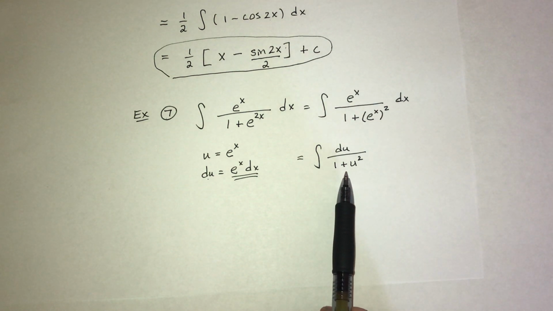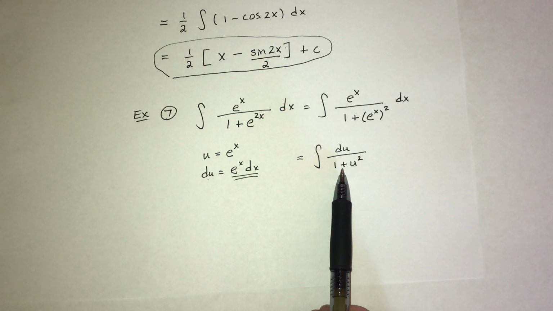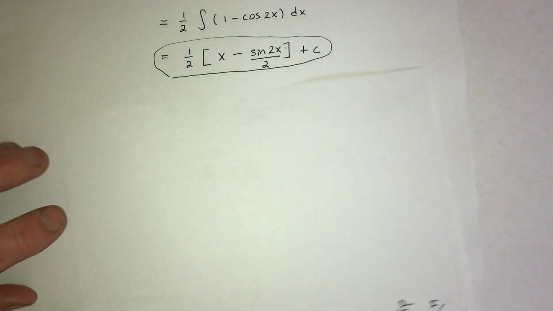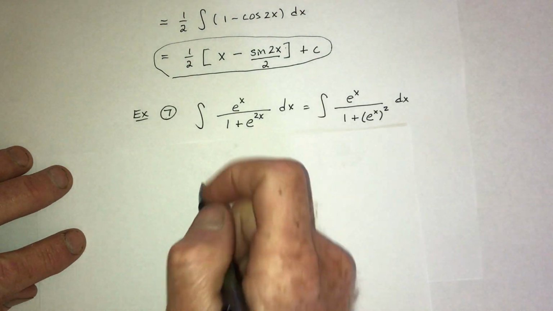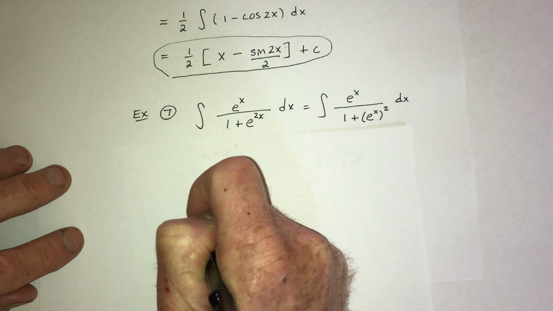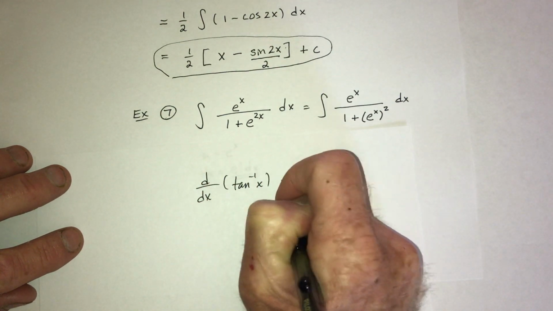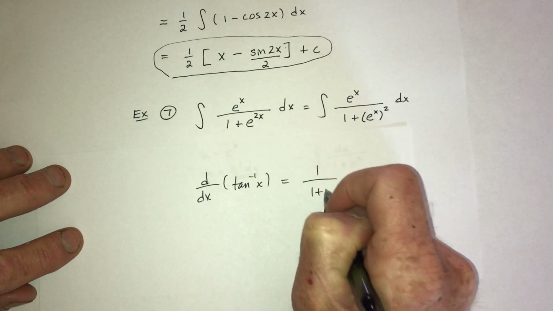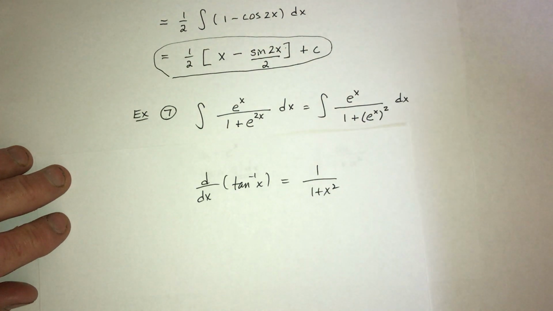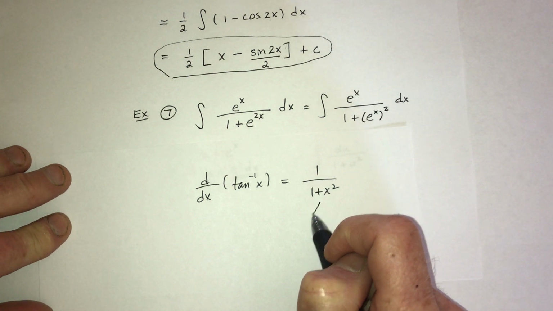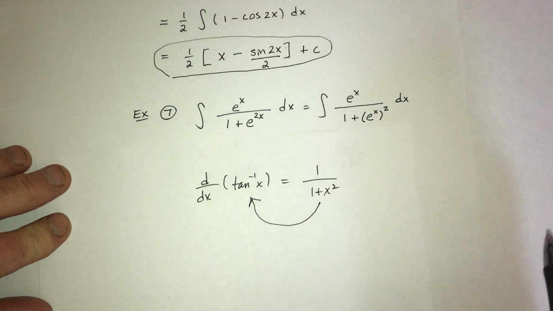And then this is where knowing your derivatives very well will really help you out, because I look at that and I go, I know which one that is. Scratch paper again for a moment. If you take the derivative of tangent inverse of x, it is 1 over 1 plus x squared. So that means the antiderivative for 1 over 1 plus x squared is tangent inverse of x.